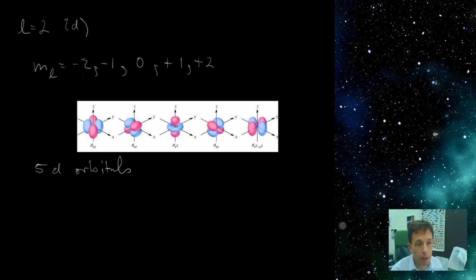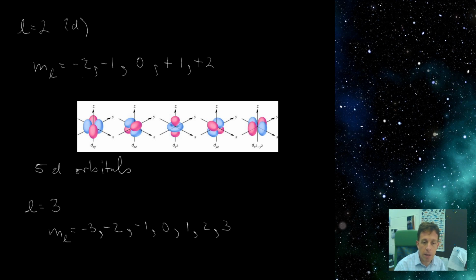And last, we get to the f orbitals, where L equals 3. Then m sub L equals minus 3, minus 2, minus 1, 0, 1, 2, and 3.